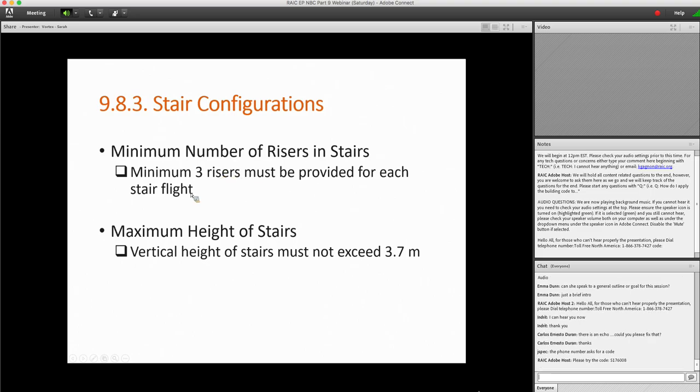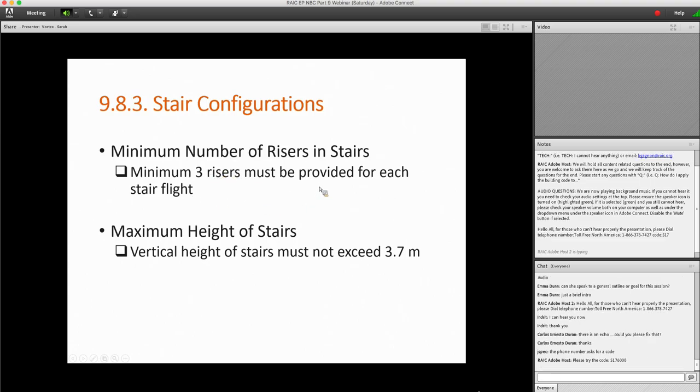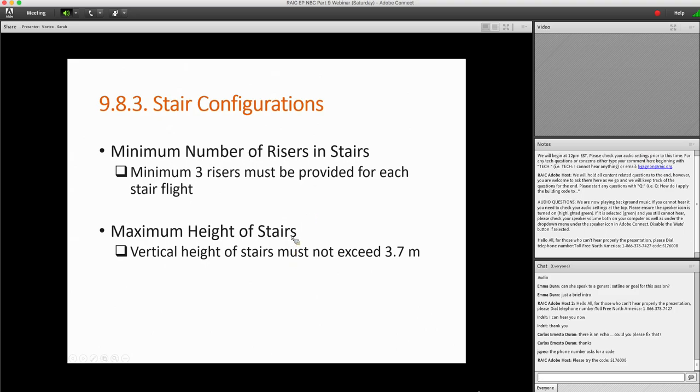In your stair flight, you need to have at least 3 risers. The maximum vertical height of stairs must not exceed 3.7 meters. So this would be your height between any landings or between your stories.